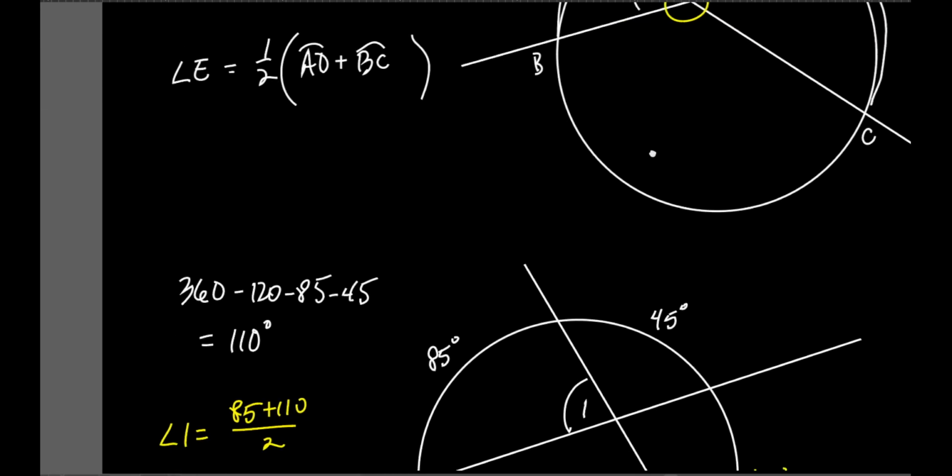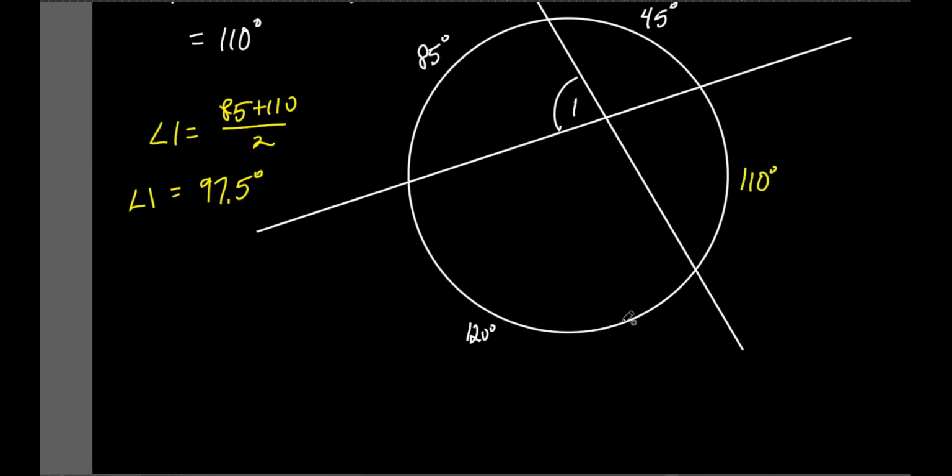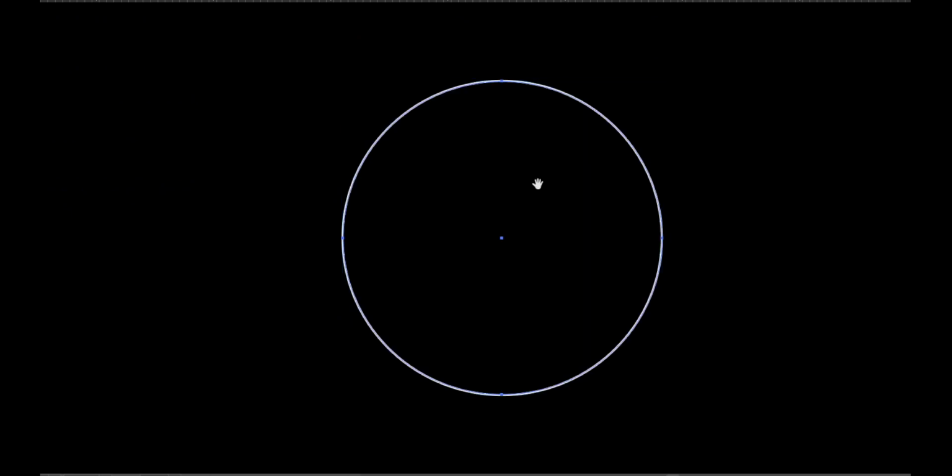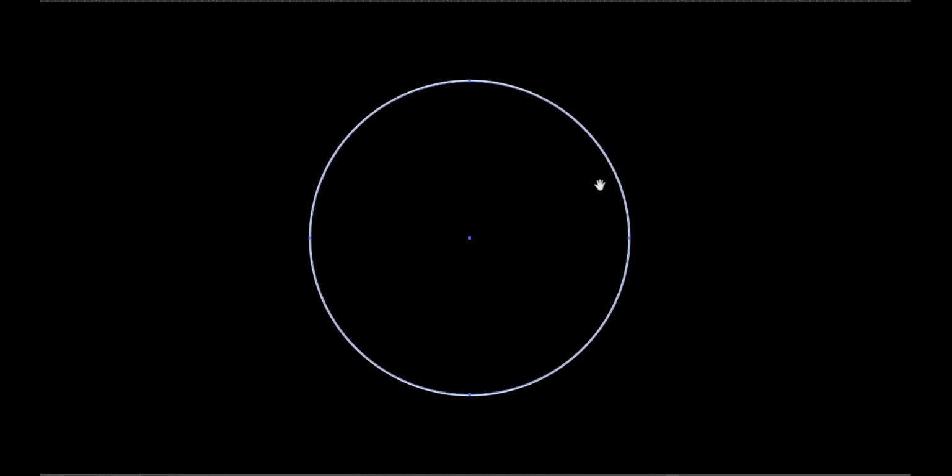I'm going to draw two secants. Let's copy this again. Let's draw a circle with two secants, but these secants are going to intersect outside the circle. And we're going to have a relationship between an angle and an arc, and a couple arcs, actually. So how would I draw that?